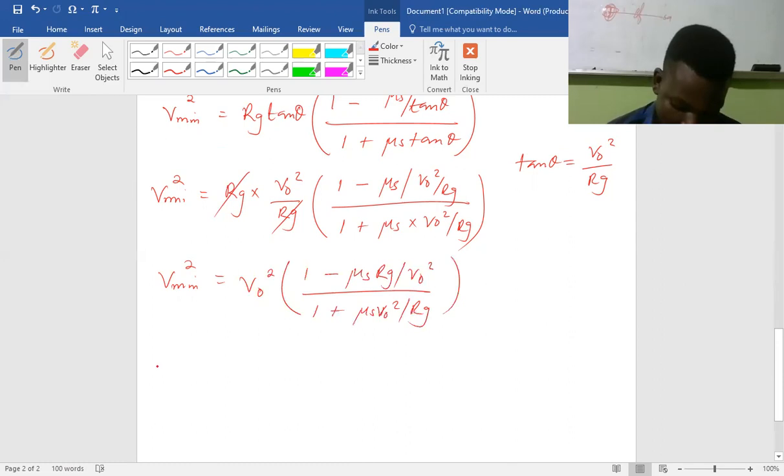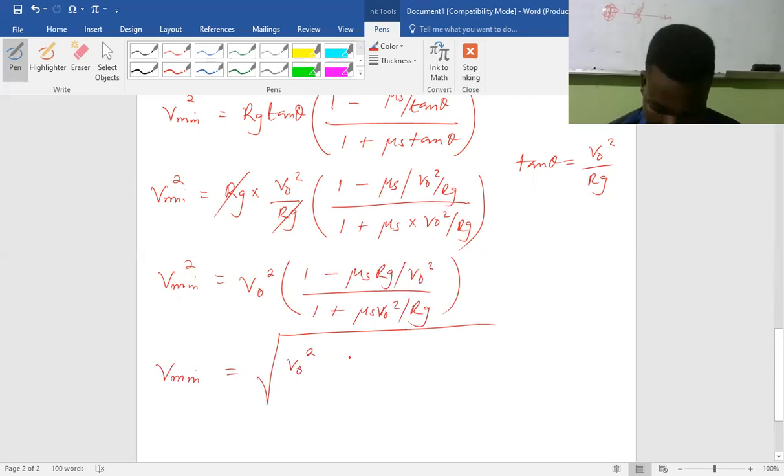So we take the square root of both sides, and then we're going to have v min equal to v naught squared times 1 minus mu s rg over v naught squared over 1 plus mu s v naught squared over rg.